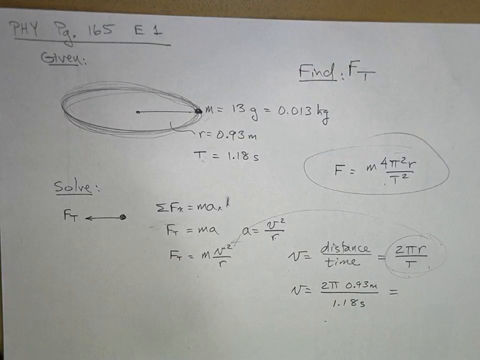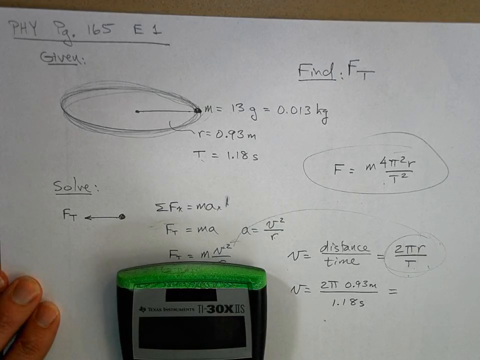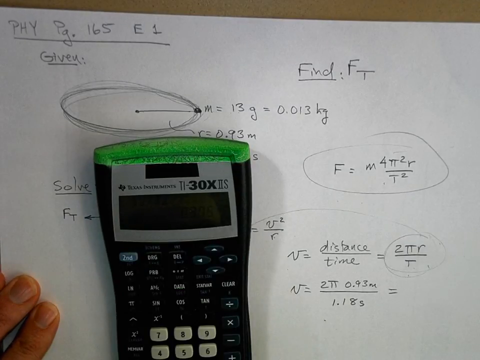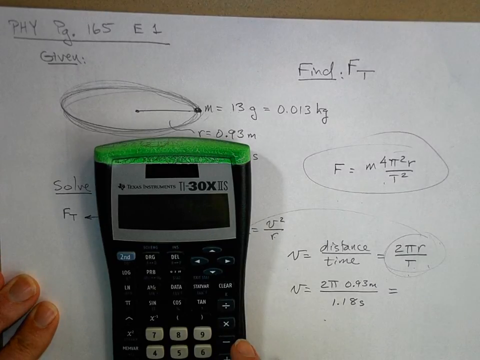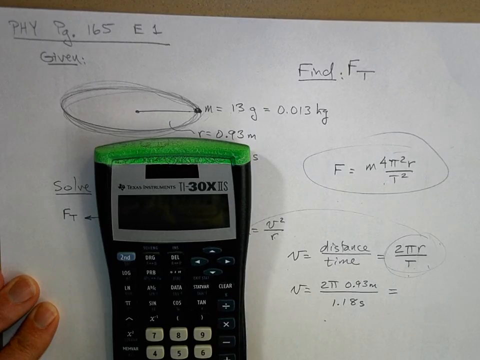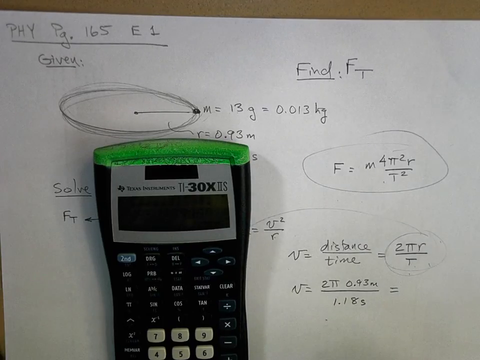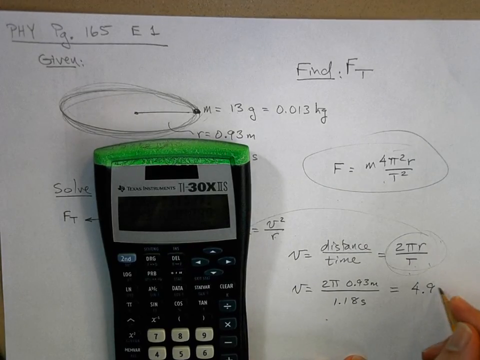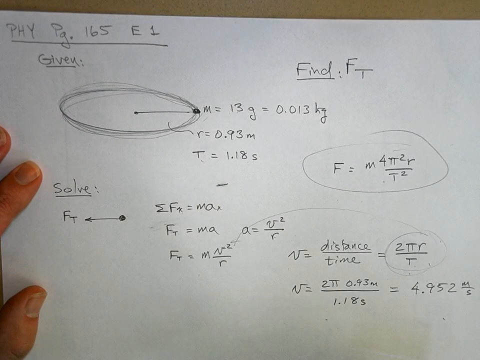I've got my magical arithmetic machine here that uses quantum mechanics to do all this work for me. 2 times 3.14159, more than enough, times 0.93 divided by 1.18 equals 4.952 meters per second. So now I'm going to plug that in here.